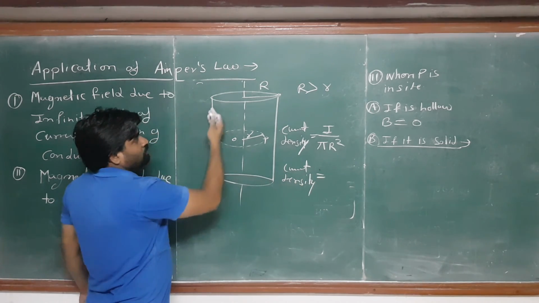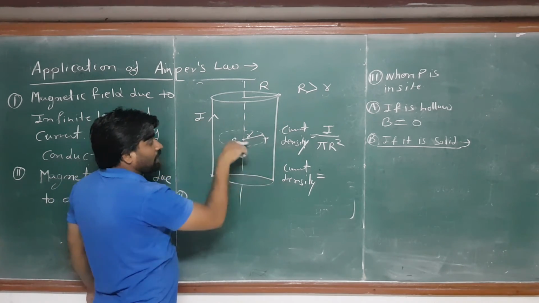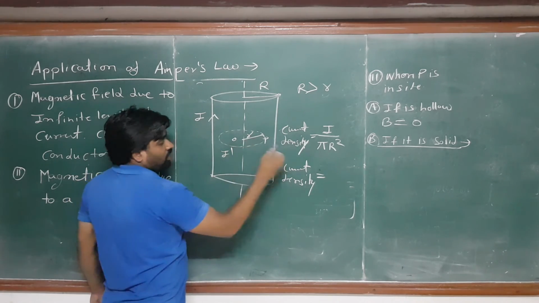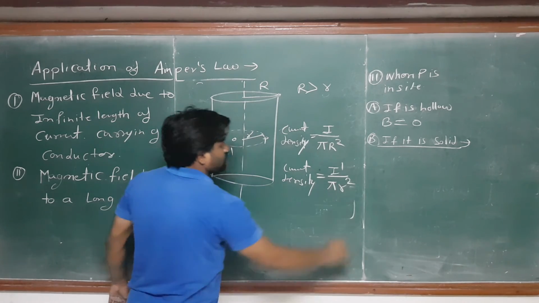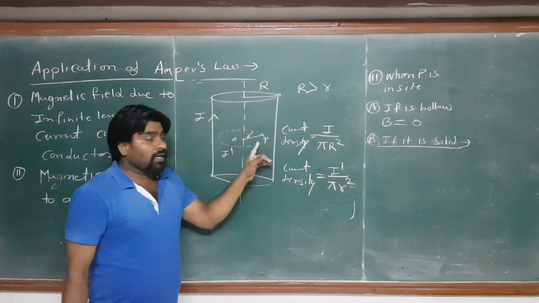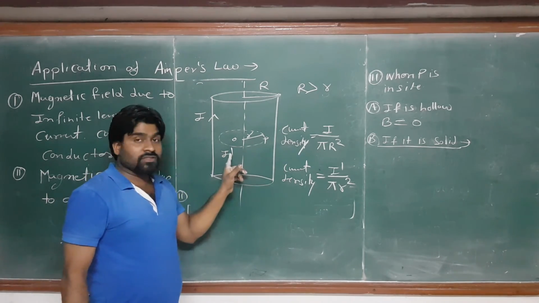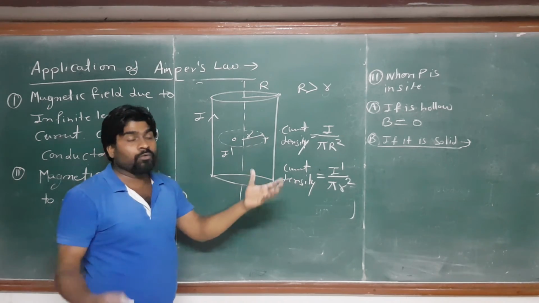Say the current which passes through the upper surface is I, and the current which is gained by the point P inside is called I dash, and it has the radius r, so the area becomes pi r whole square. At the P, the current I is not reaching, but the I dash is reaching. So these two formulas, because of the uniform structure of the cylinder, would be the same.